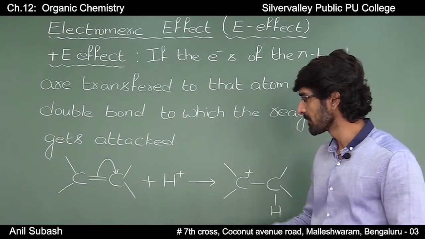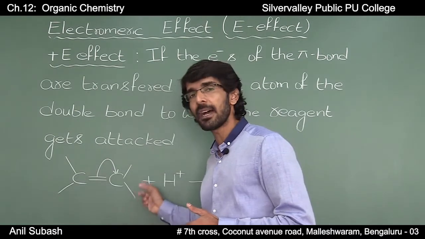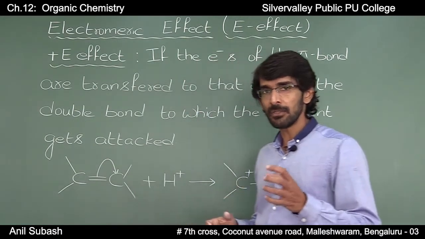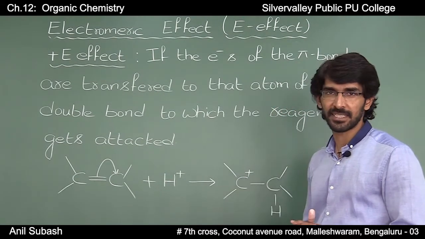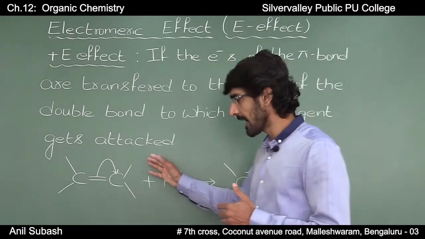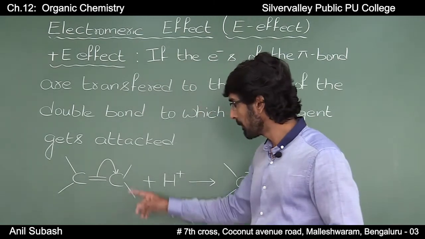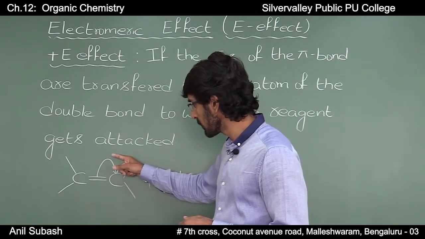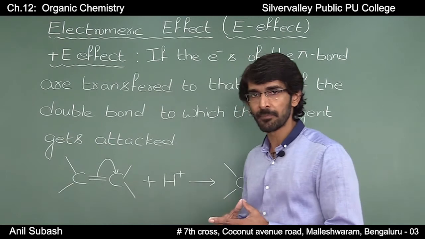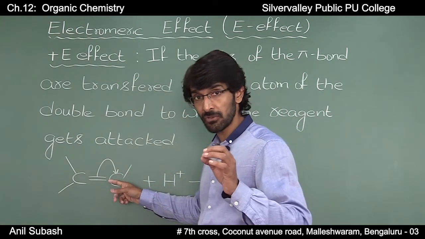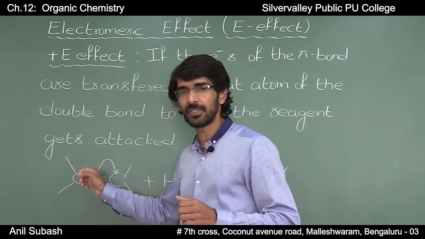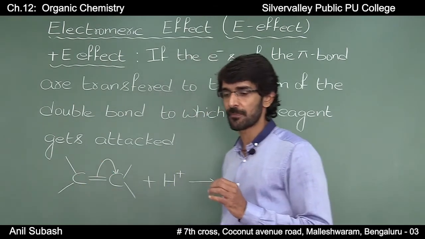For example, consider an alkene. Now this alkene is being attacked by some acid. When this acid attacks the alkene, the pi electron will move towards one of the carbons, and this carbon will develop a negative charge and the other carbon will develop a positive charge.